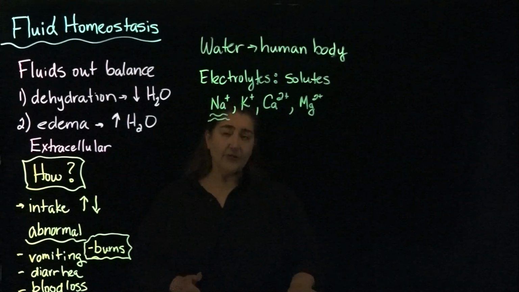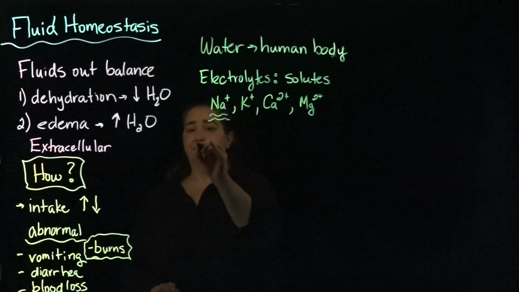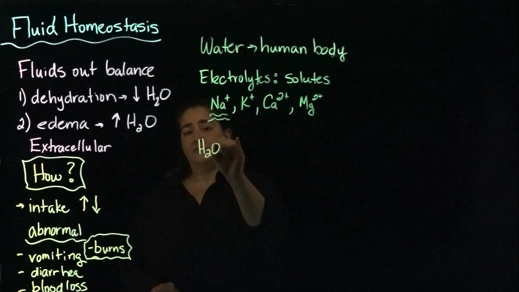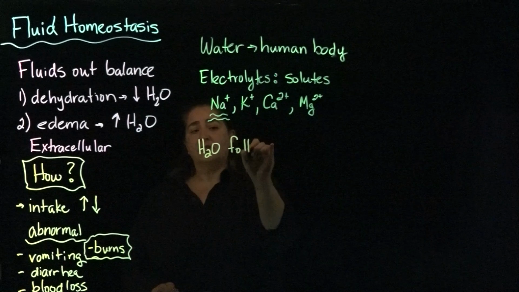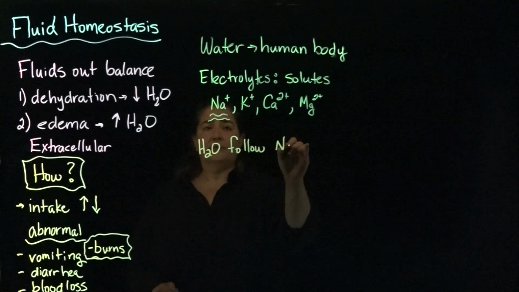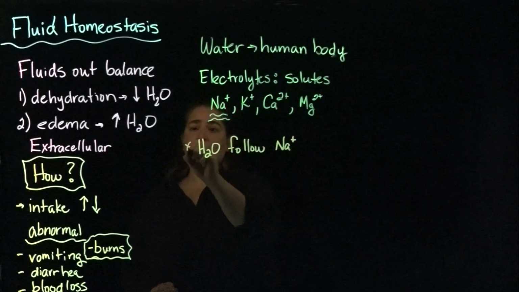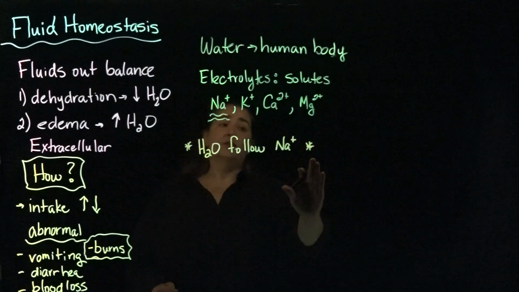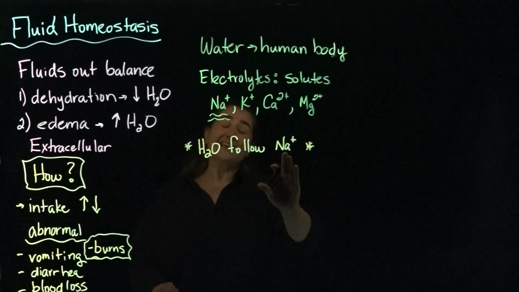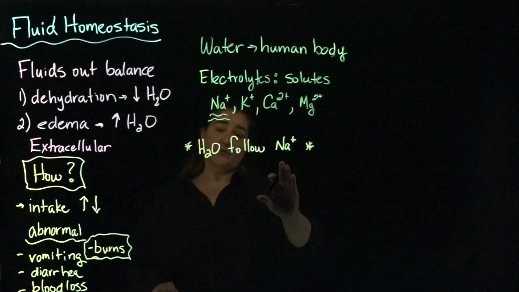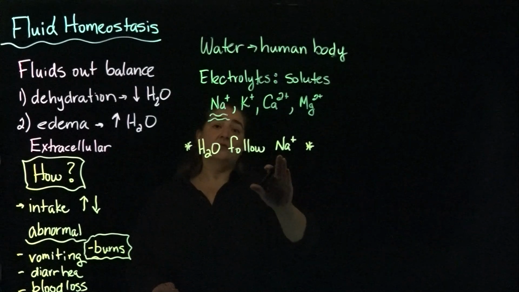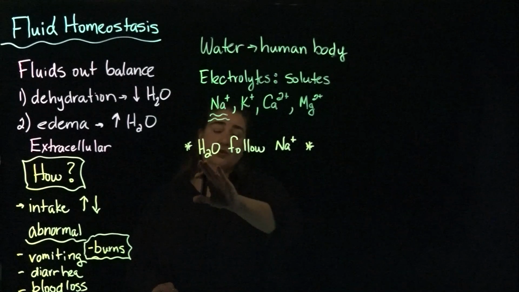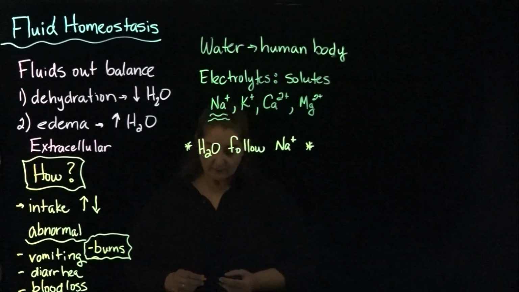Because with water, water is going to follow sodium in the body, okay? So when you have water moving, a lot of times it's in response to sodium that's moving across membranes, all right? So if sodium goes in and out of cells, you'll get water also, okay?